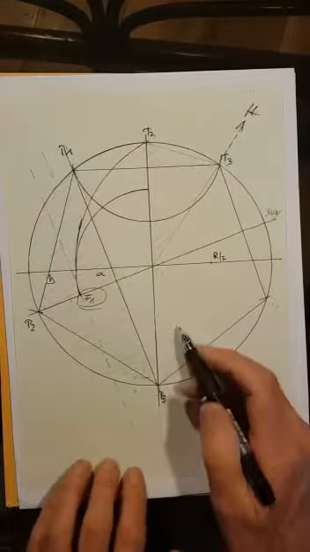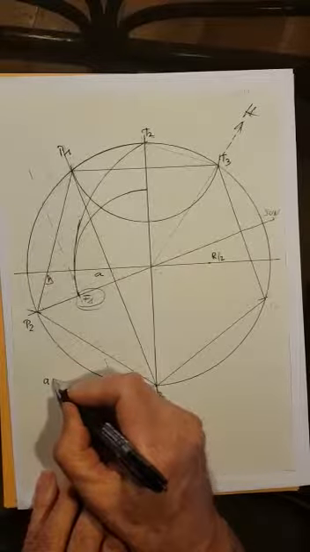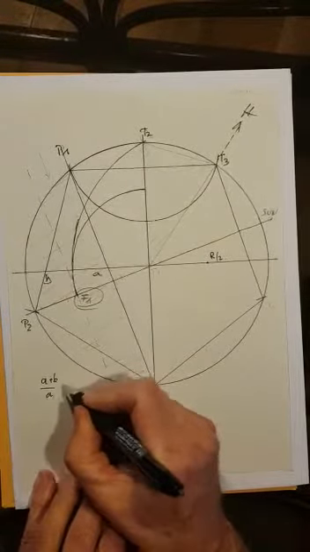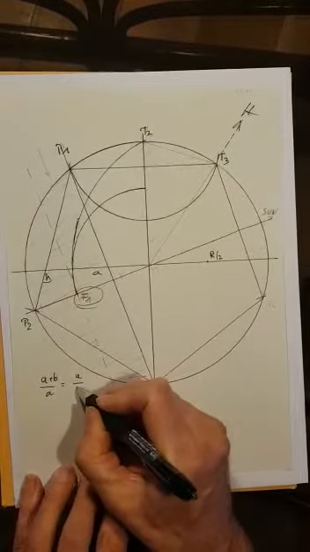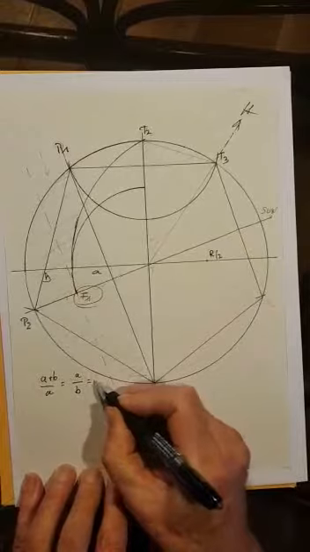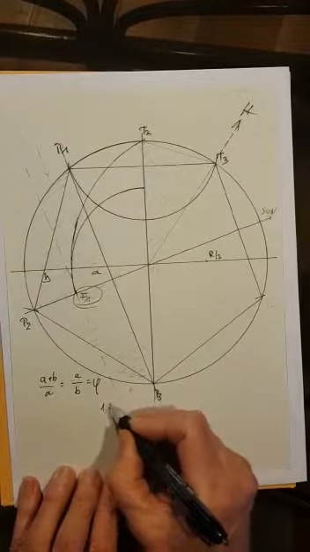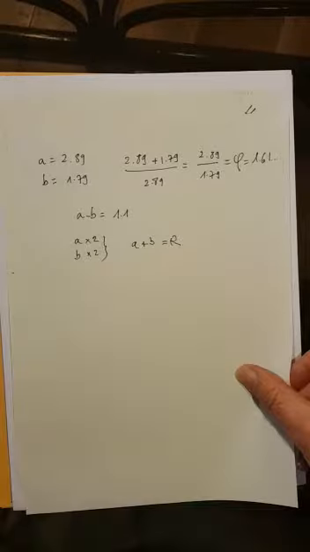The golden number is defined by the ratio A plus B divided by A equals A divided by B. This figure is 1.61 with still a few decimals.